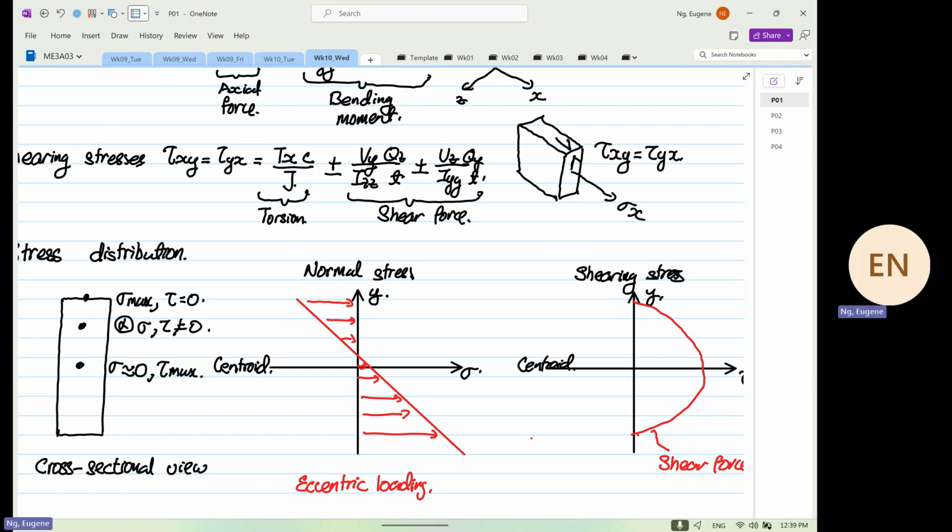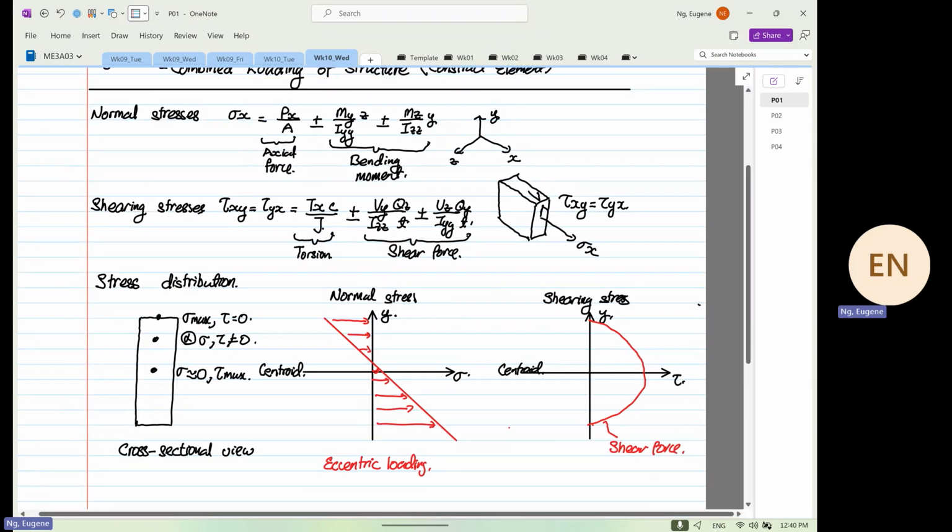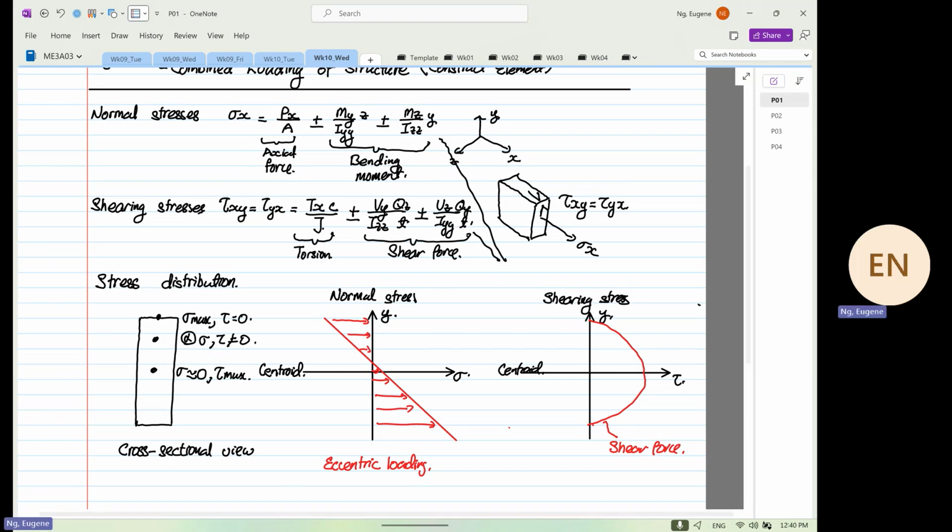Visualization of the normal stress distribution is critical because we have passed the stage where we state that force divided by area is our stress. Now, all this equation over here, when we see this equation over here, we are able to determine it's what?